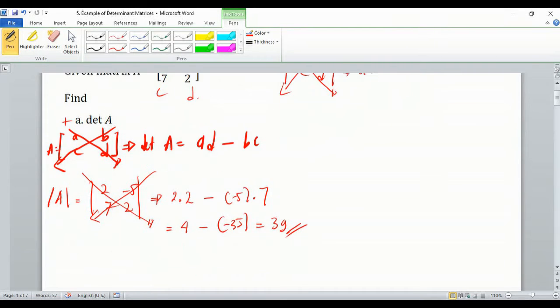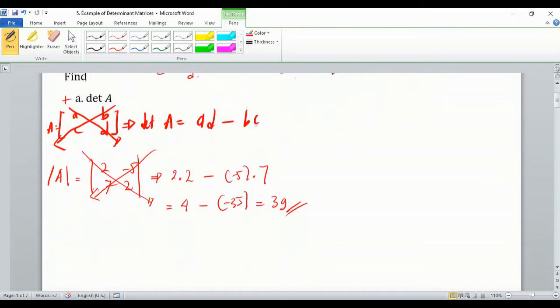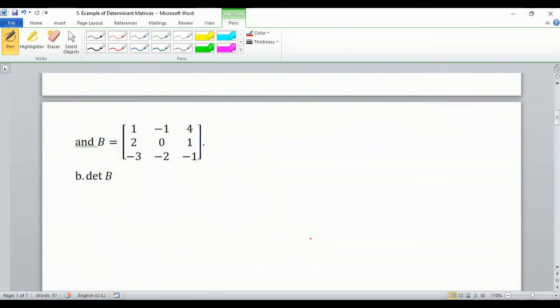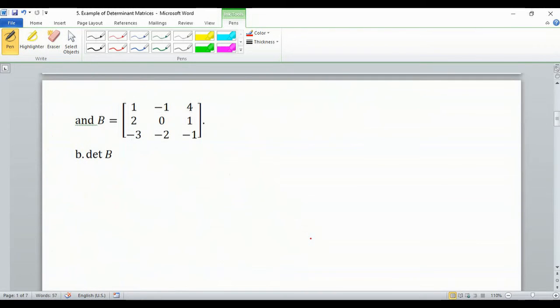Okay, for the first example, I will use the rule of Sarrus, and then after that I will use another method, right? Okay, for the Sarrus, like I said before, we can make it love sign, right? How to make love sign for this one?